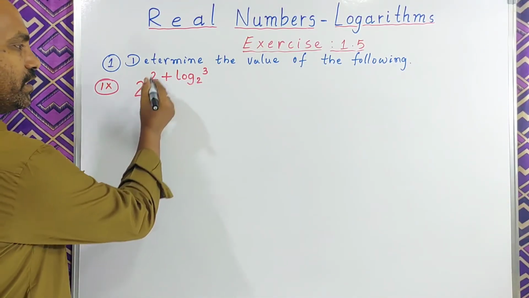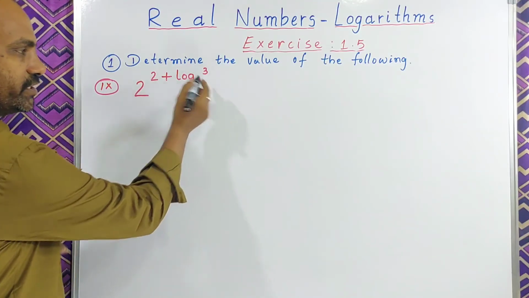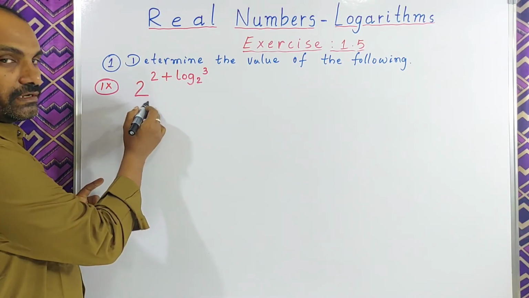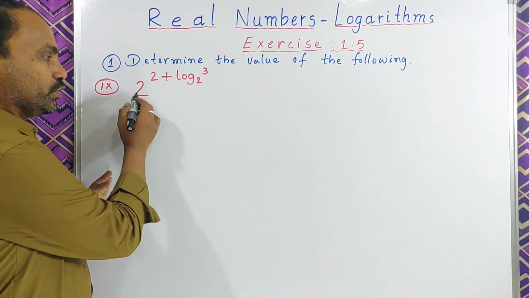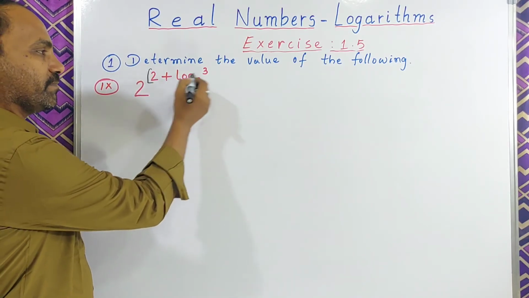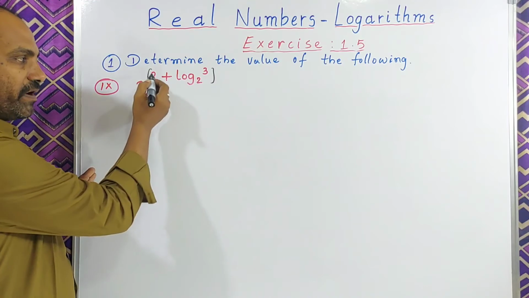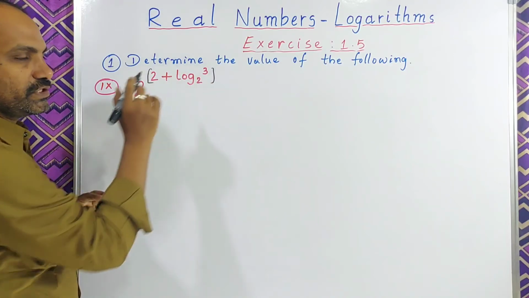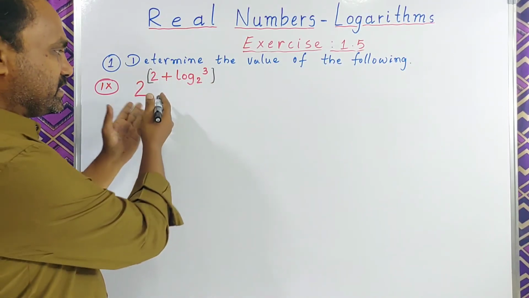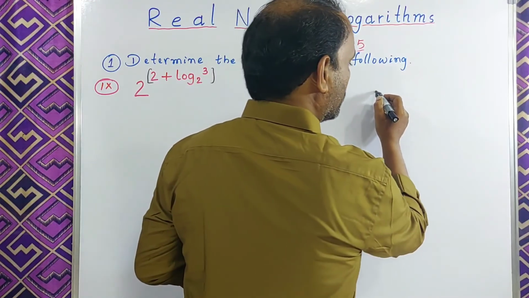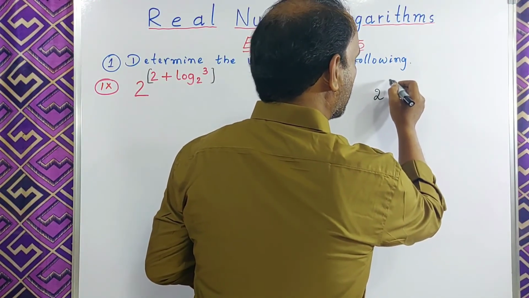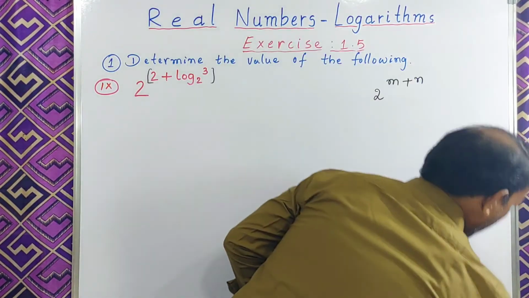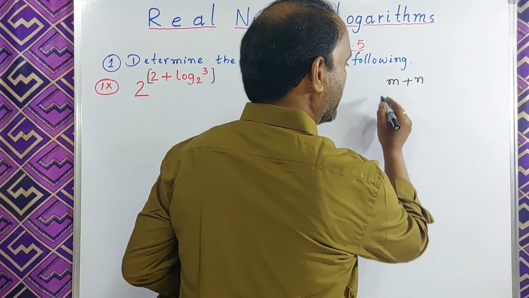2 power 2 plus log 3 to the base 2. Here a little confusion is there. 2 power, here the base is given, directly log is not given. 2 power, the exponent is given, this complete thing is the exponent. 2 power in exponent 2 plus log 3 to the base 2 is there. Then this is looking like a power m plus n, for example; we use here general a.